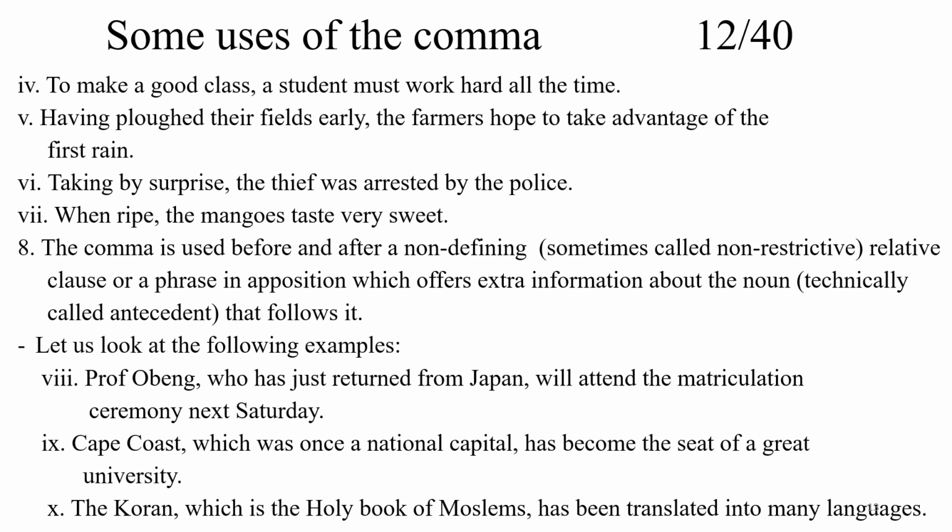So it means it is giving us extra information about Professor Obin. And so we need to use commas to separate them. After you mention that unique item, like we saw in the case of proper nouns, and after the additional information which is provided, ensure that you place another comma there.